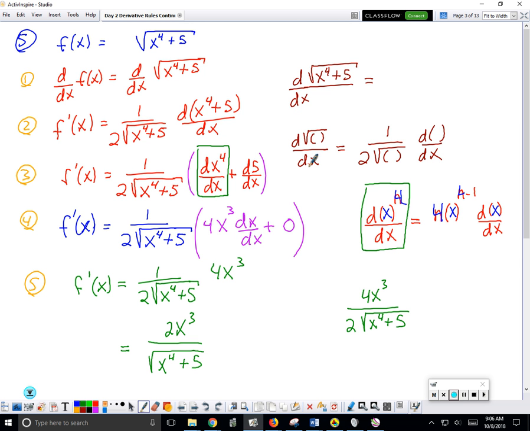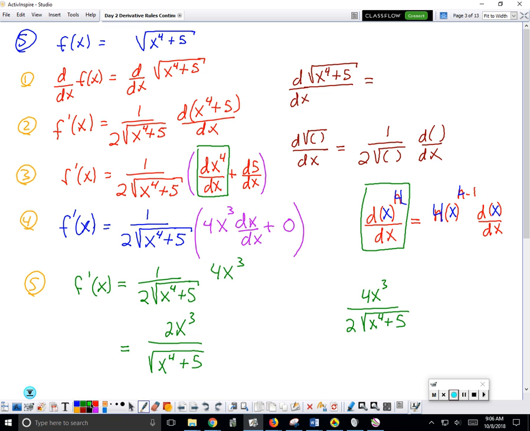Remember that on the rule sheet, when you see the parentheses, that's my invention, telling you that I've combined the square root rule with the chain rule. And the parentheses simply indicate anything. So you customize the rule to whichever problem you're working on. So in this case, the something is the x to the 4th plus 5. So that same something belongs here and also here.